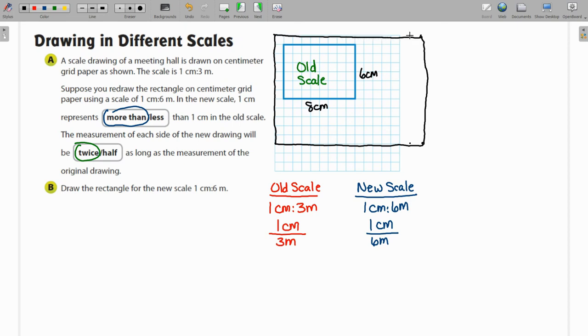If you had paper that would go a little bit farther out, we would have our dimensions being 12 centimeters by 16 centimeters. This would be how our new drawing would look. And that would complete part B of our problem.